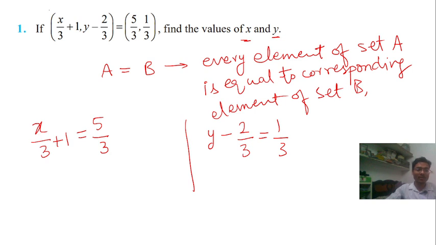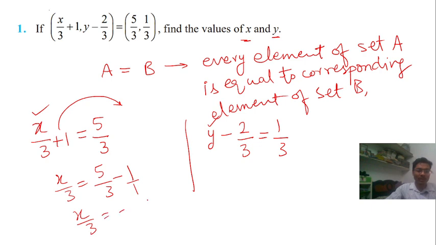So we will have to solve here for x and here for y. So x upon 3 is equal to 5 upon 3 minus 1. We will send this positive 1 to that side of the equals sign, so we get negative 1, and by taking the LCM of that side, 3, 5 minus 3, cancelling out 3 from both sides, we get x is equal to 2.